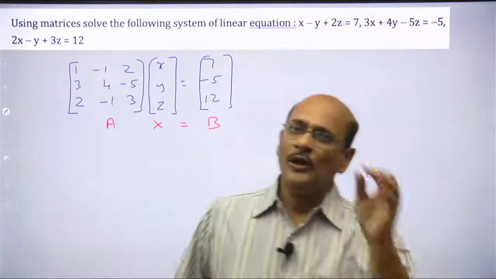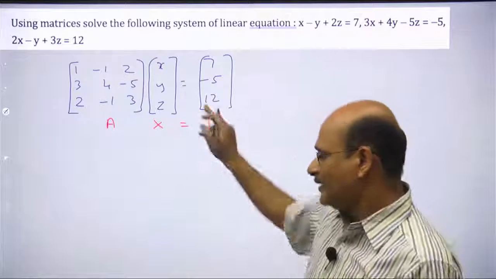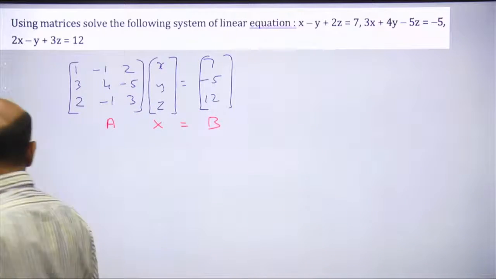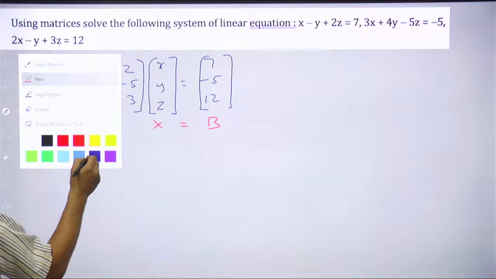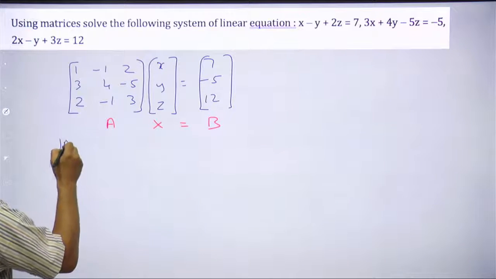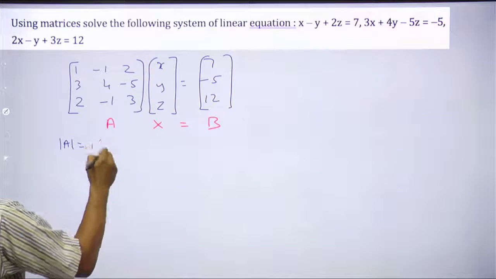Come on, I give you 1 minute to find the determinant. Quickly do it. You can do this, you can do it.